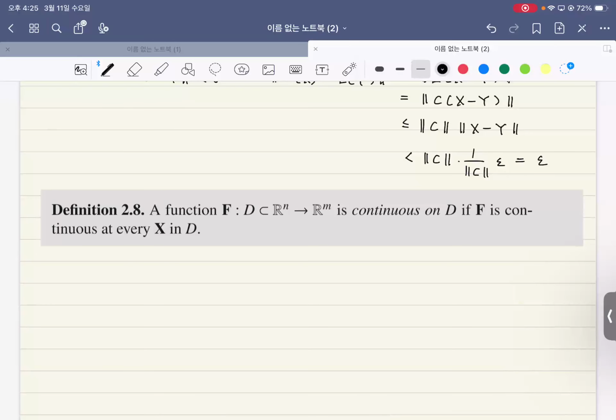We say a function is continuous, not just at a single point, but continuous on the entire domain, if f is continuous at every point in the domain. So this is the definition of continuous on the entire domain. This is obvious.